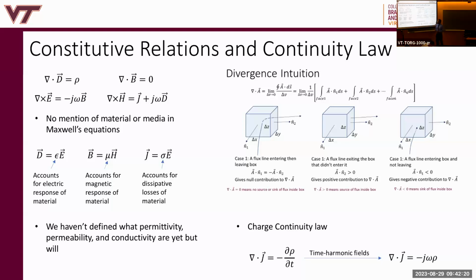If it exits the volume, it gives a positive contribution to the divergence. And if it enters but doesn't leave, it gives a negative contribution because the outward normal is in the opposite direction of the flux entering. In this case, the outward normal is in the same direction.